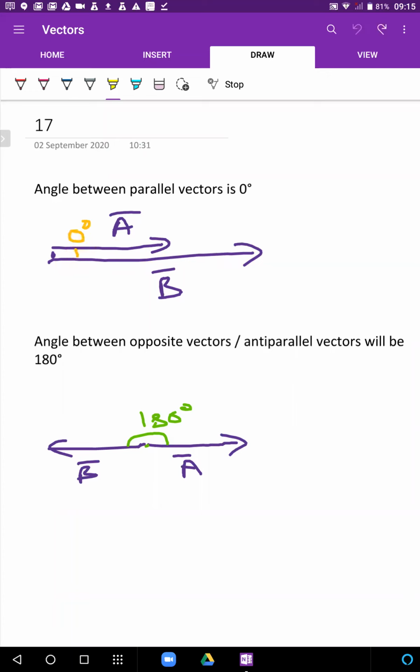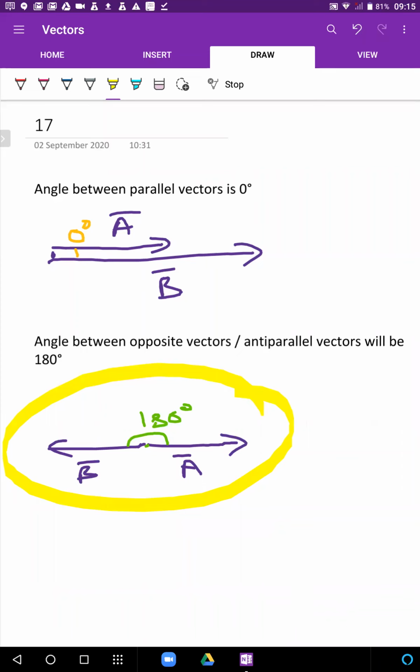On the other hand, the angle between opposite vectors, or the angle between anti-parallel, remember that word. The word anti-parallel means opposite of parallel. So anti-parallel means opposite direction वाले vectors, उनके बीच में angle has to be 180 degrees, because wherever those vectors are, when I join them tail to tail, they're going to look like this. 6 o'clock कैसा दिखता है वैसा.